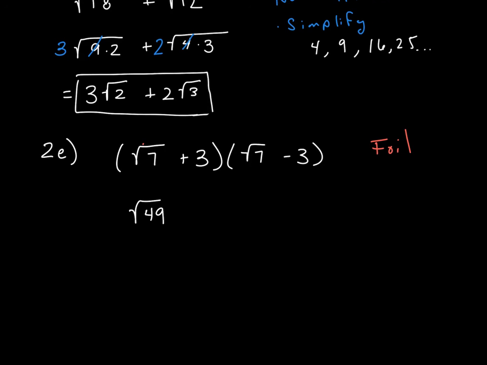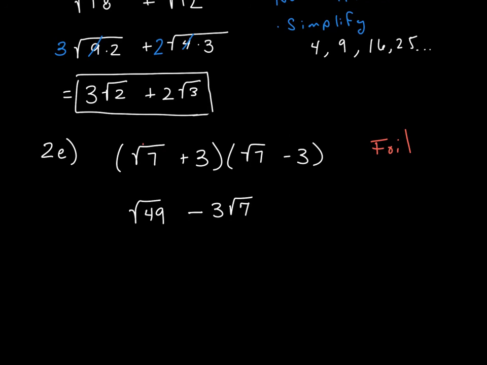Now the next one is going to be 7 times the square root of 7 times negative 3. This 7 is underneath the radical. This 3 is not. So you just go ahead and write that as minus 3 square root of 7.